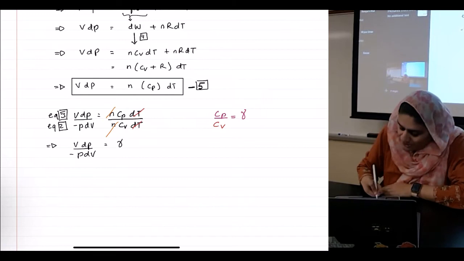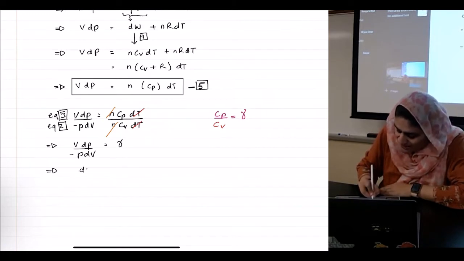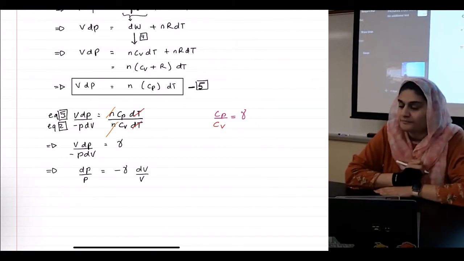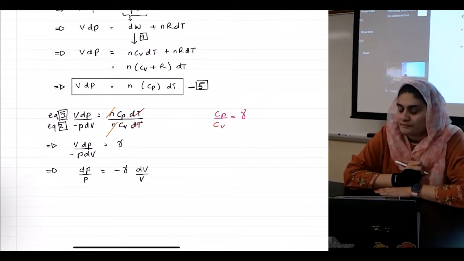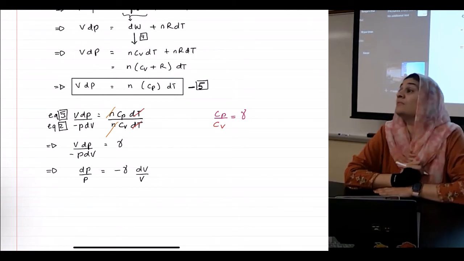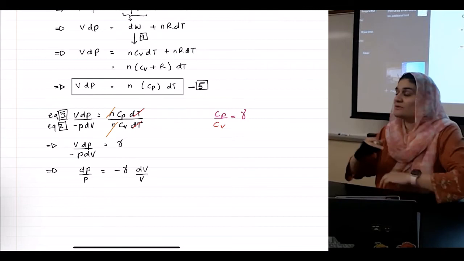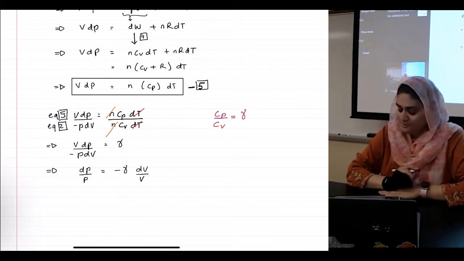Okay, may I also write these equations as, I'm allowed to do that, right? Keep the P's on one side and keep the V's on one side. So I just move them around.